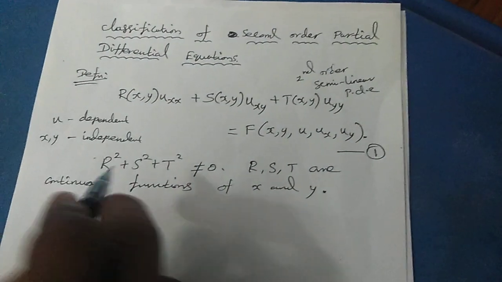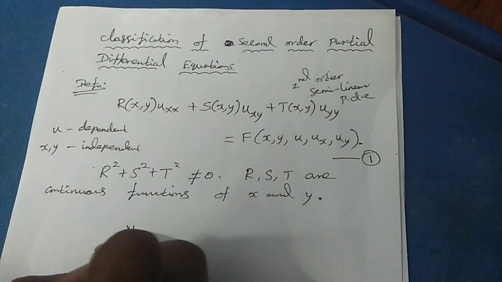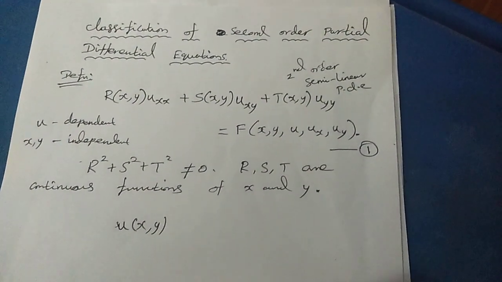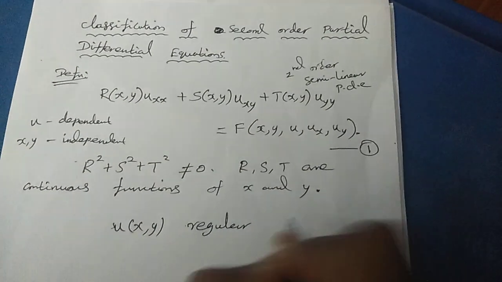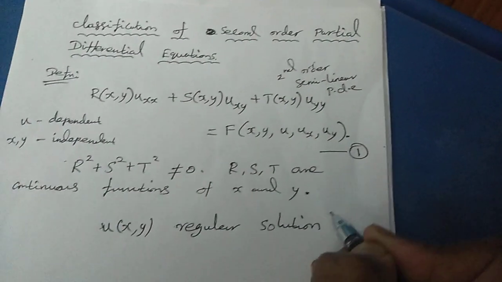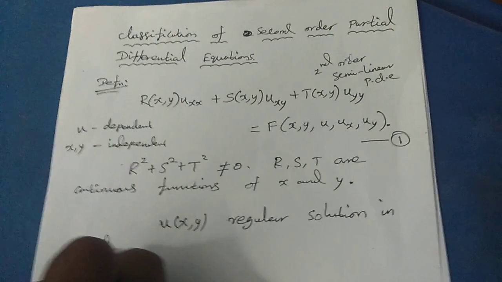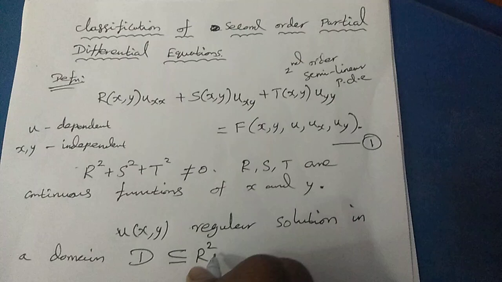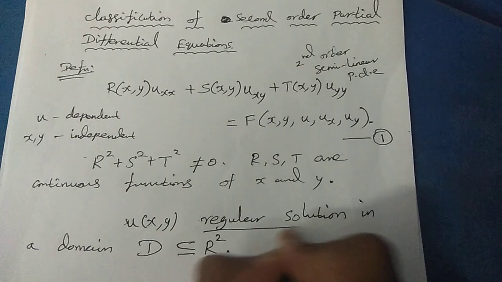The solution of this equation, we represent the solution of equation 1 by u of x comma y, and this solution must be a regular solution in a domain D, which is a subset of R2, that is, R2 is nothing but R cross R. So what is a regular solution?